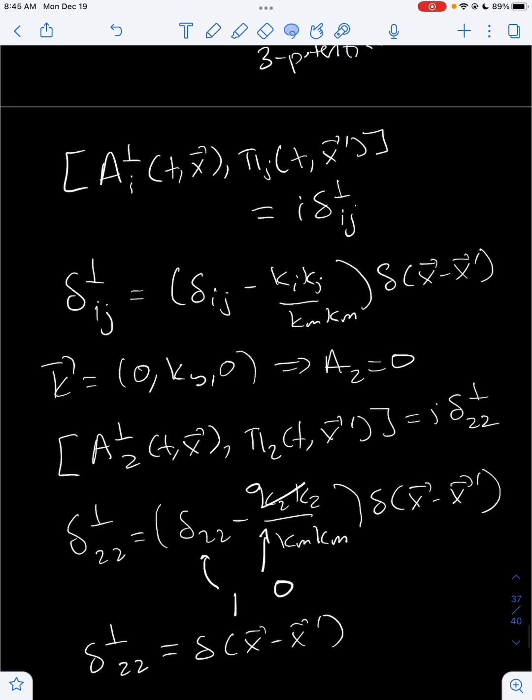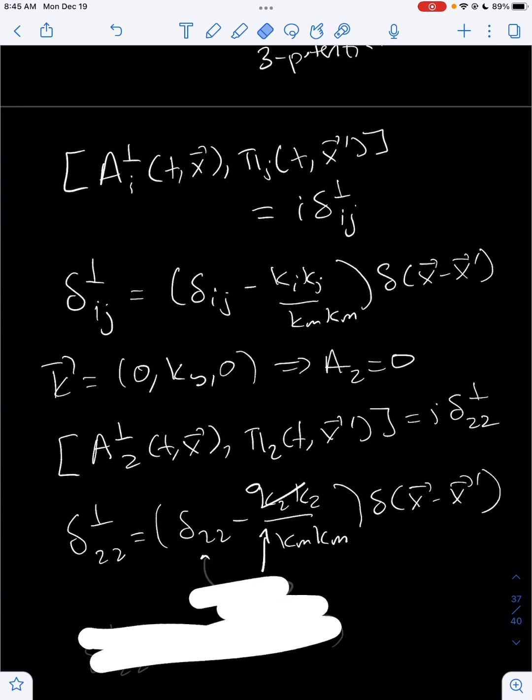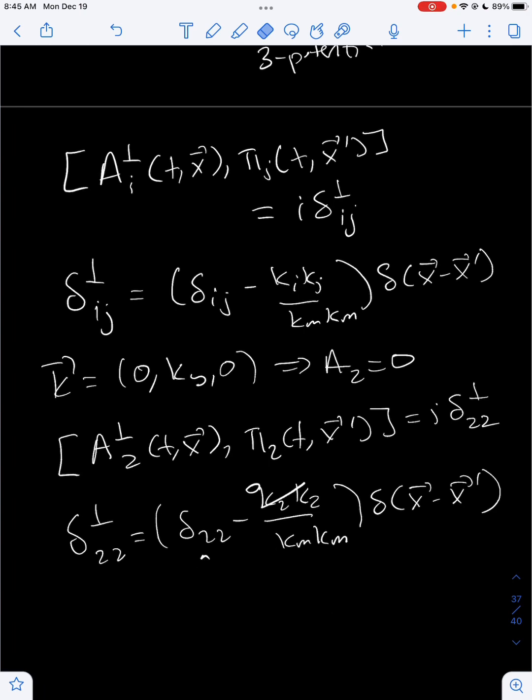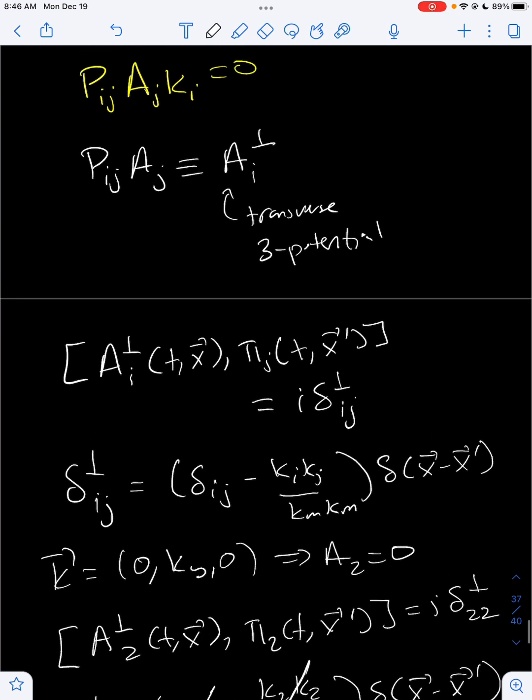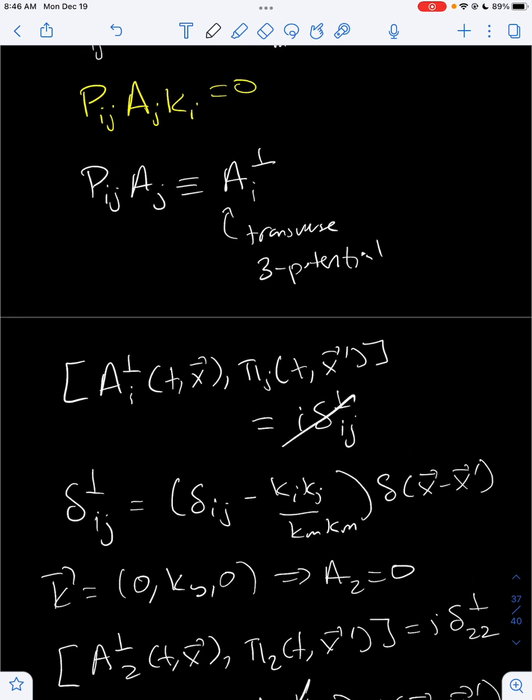But since k2 is non-zero, this term over here would become 1, since we would have k2 k2 over km km, which is only non-zero for the case where m equals 2. So that would be 1 by definition, and this would just be 0. And since that is 0, that's telling us that this over here is going to be 0.